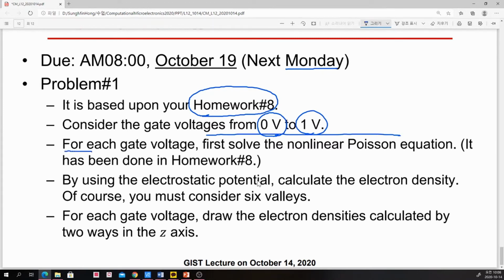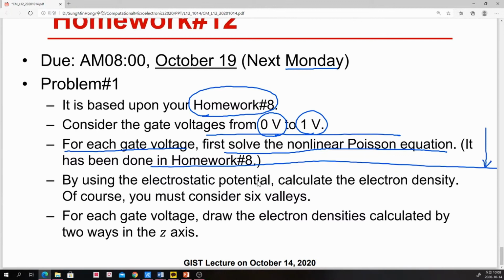So for each gate voltage, first solve the nonlinear Poisson equation. It is already done in your homework number 8. And by using the already calculated electrostatic potential and considering it as a given profile, then calculate the electron density.